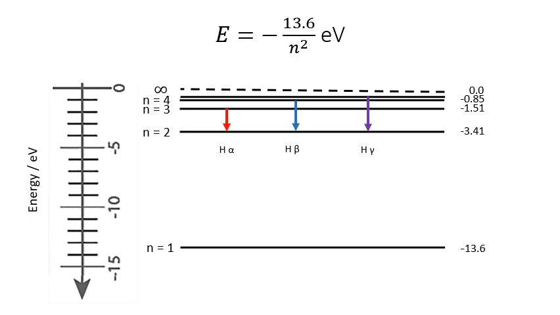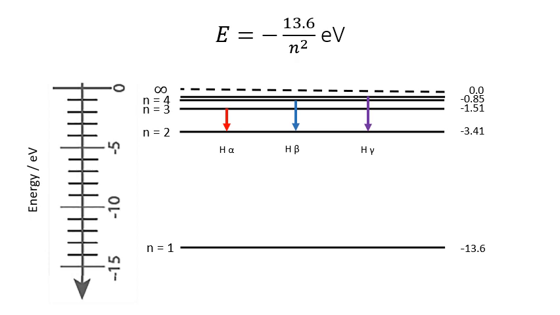So, when you're asked to calculate the wavelength associated with a photon emitted by this drop, this transition, you're unlikely actually to get asked for the one that we've already done, n equals 2 to n equals 1, because that's not the important one. You're more likely to get asked for n equals 3 to n equals 2, because that one's the important one, H alpha. In fact, you're asked to calculate it so often when you're doing past exam questions that you start to recognise the wavelength, because you have to calculate it so much.